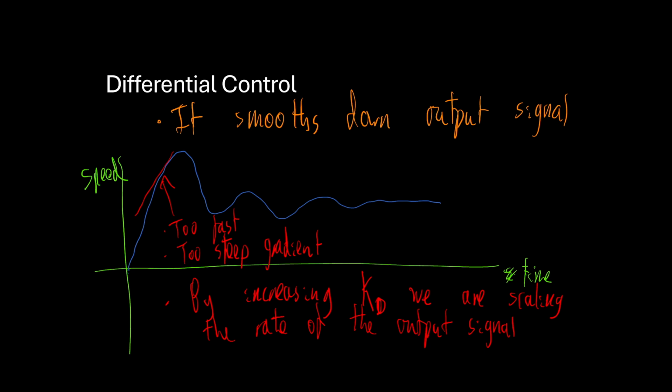And by increasing KD, we are scaling the rate, which means we want to smoothen out the signal more. So by increasing KD, we are smoothing the signal out more.